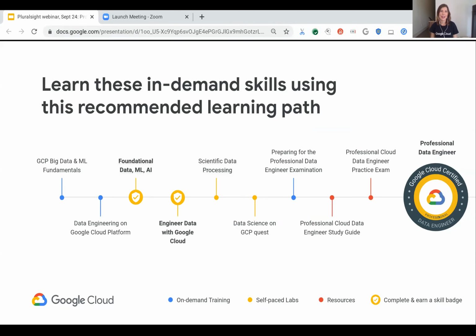Let's take a look at the overall learning journey, some of the resources that you can leverage as you prepare for your certification exam.